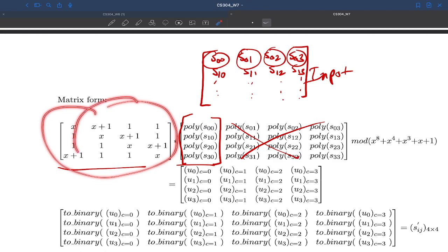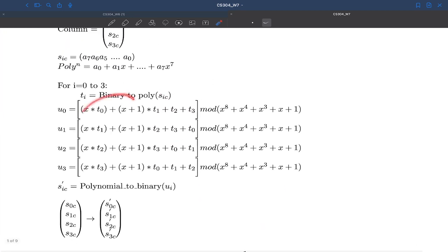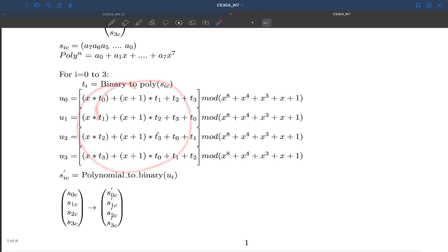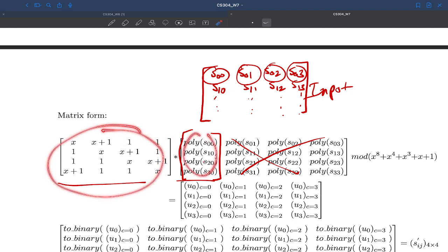So this matrix is doing the same operation that we are doing here, it is just represented in the matrix form. And this is easier to do. This is a nice way to achieve my column. So when I multiply this matrix to this column, I'll get this column.